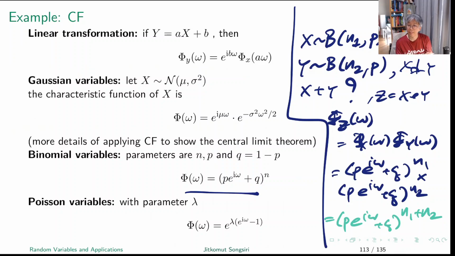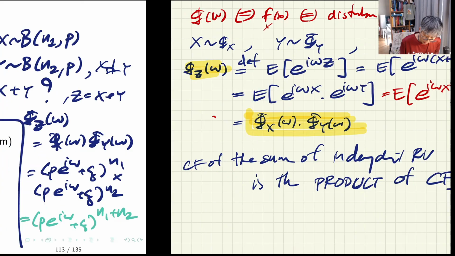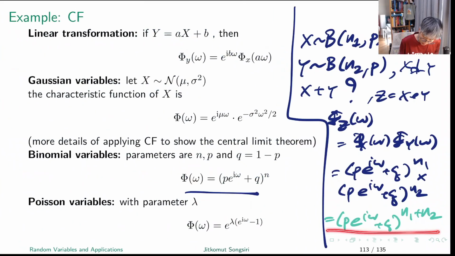At this step of the derivation, you know the distribution of X and Y, but you don't know yet the distribution of the sum. But after you have applied the property of the CF of the independent sum, it turns out that the CF has this expression in the green color. From here, you use the fact that a CF uniquely corresponds to a certain distribution.